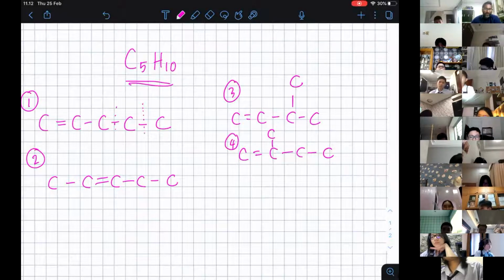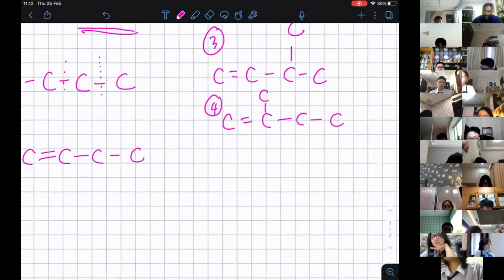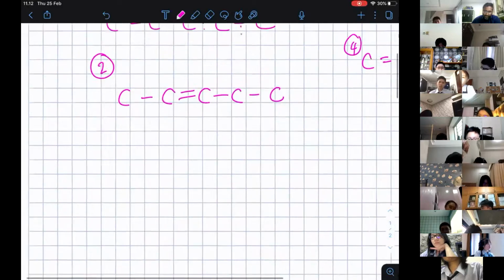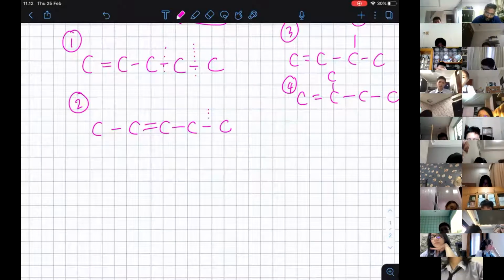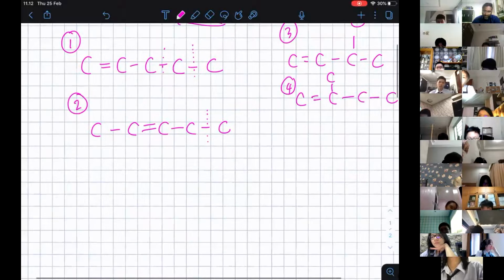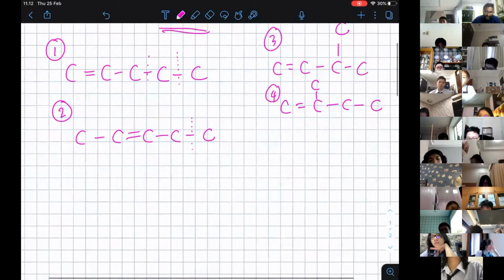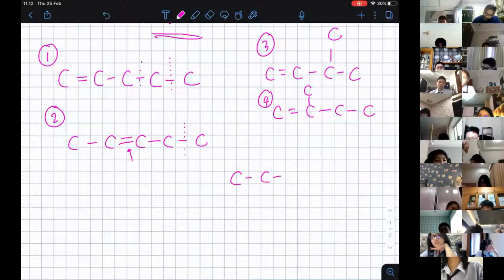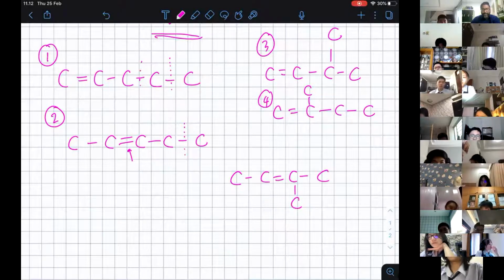Is that all? No. You have to still think about this. Can I break this one? The position is going to be at position number 2. So when I draw, I'm going to have it at position 2. Then that CH3 I put here. If I put it here, it's still the same.